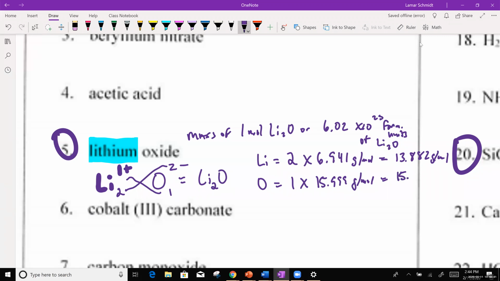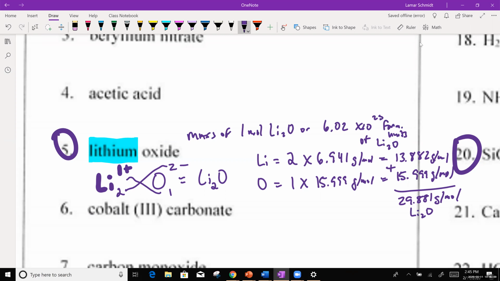I rarely use a calculator when there's a multiplication problem that involves the number 1. But some people, they need it. So if you're those people, then use it. And so what you should get here is 29.881 grams per mole, and that's of lithium oxide, Li2O.